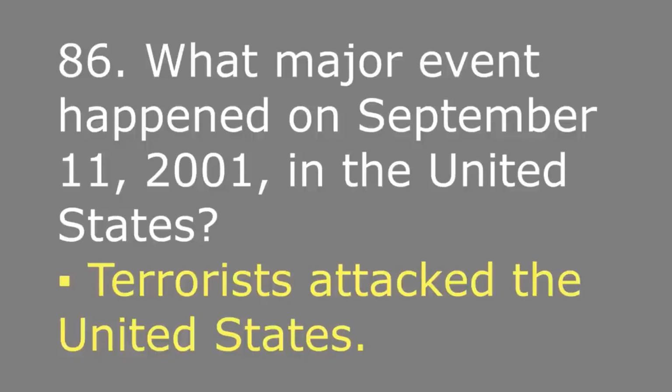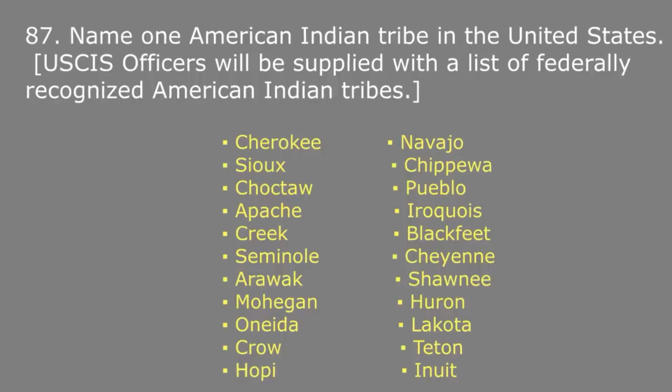What major event happened on September 11, 2001, in the United States? Terrorists attacked the United States. Name one American Indian tribe in the United States. USCIS officers will be supplied with a list of federally recognized American Indian tribes.